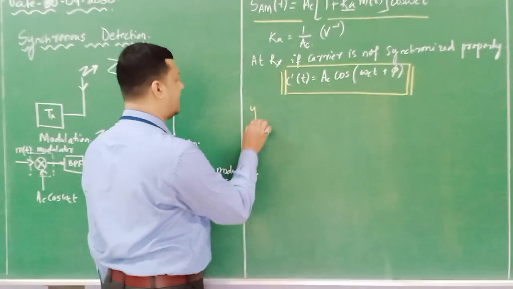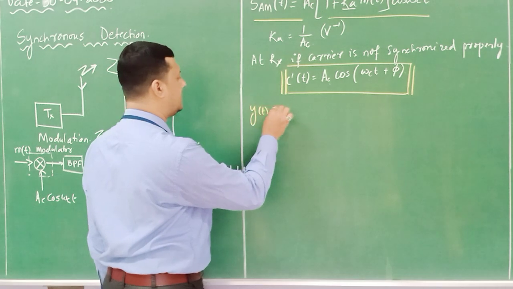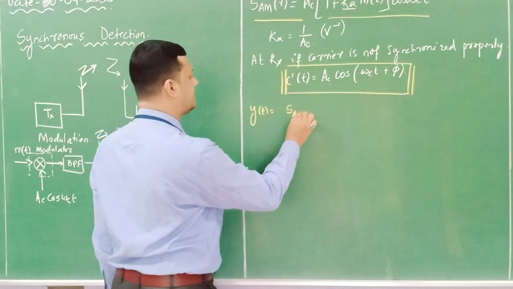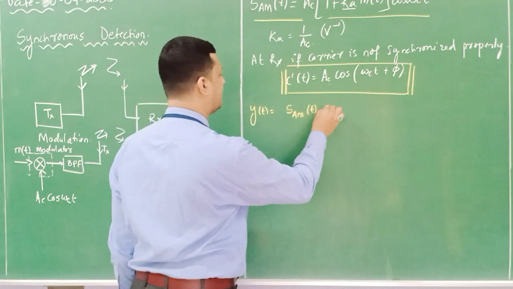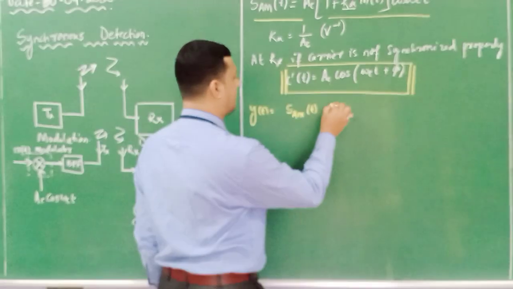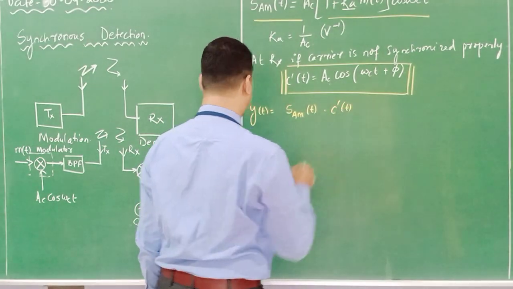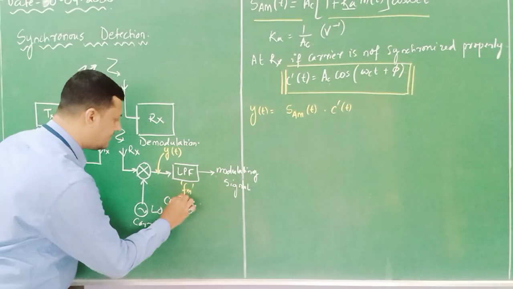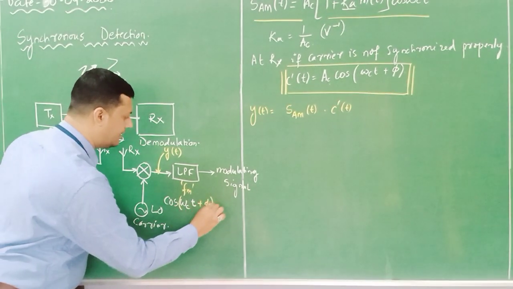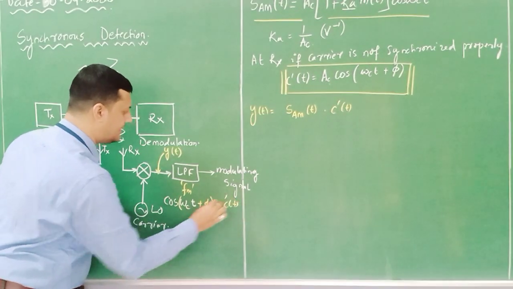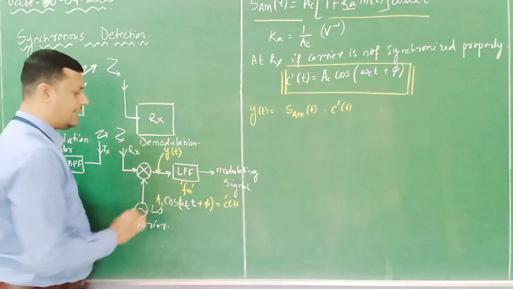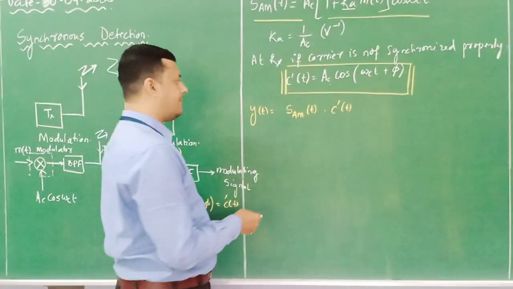Now here I will say y(t) is equal to s_AM(t) into the carrier component c'(t), where c'(t) is Ac cos(ωc t + φ). Let us consider this is the carrier.